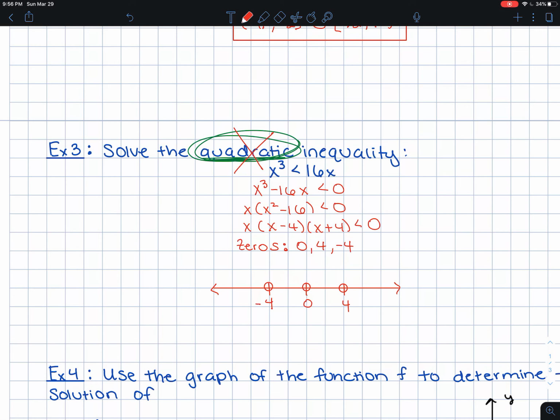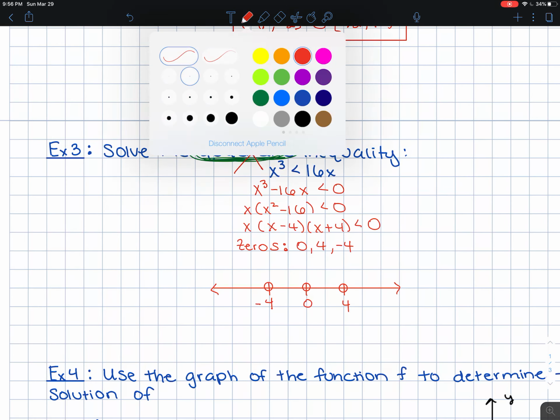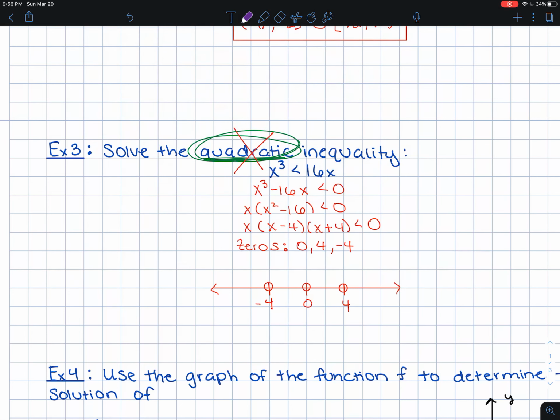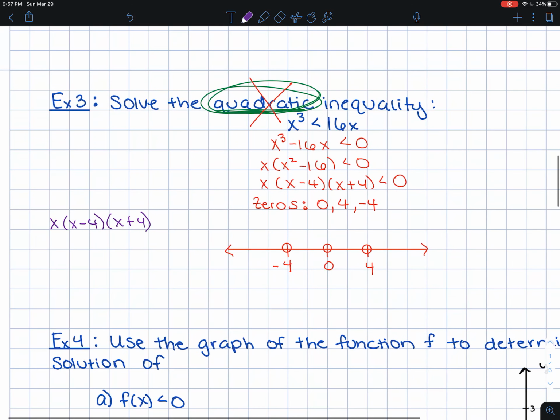Now, I always like to plug in the numbers that I'm testing into the factored form. So we're going to plug them into the x times x minus 4 times x plus 4. Now, for the first interval, from negative infinity to negative 4, I'm going to choose negative 1,000.